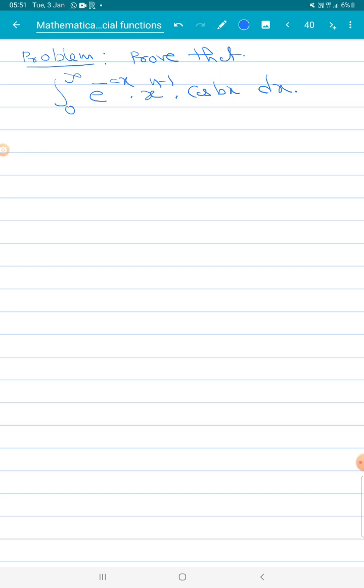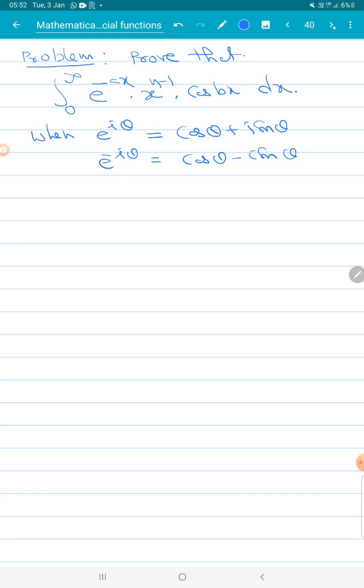So one thing you need to recall. When I write e power i theta, its value is cos theta plus i sin theta. Similarly, e power minus i theta is cos theta minus i sin theta.